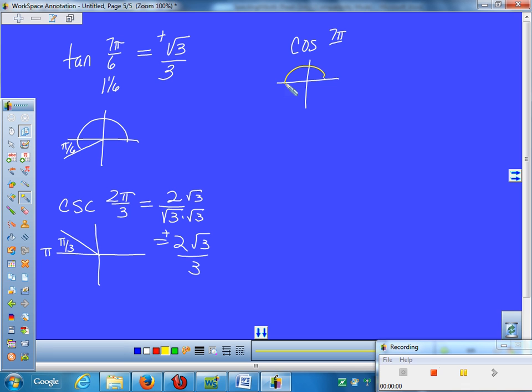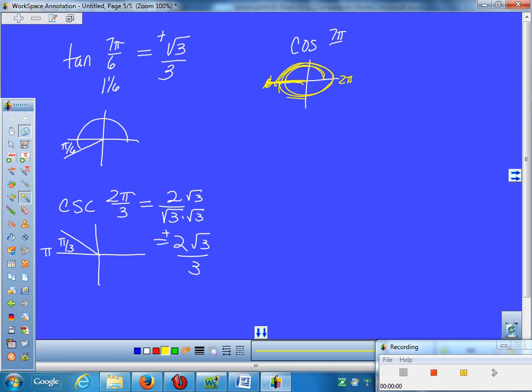When you're back over there, that's 2 pi. So odds are over here: 3 pi, 4 pi, 5 pi, 6 pi, 7 pi would land you over here. So it's the same thing as 180. The cosine of 7 pi is the same thing as 180.